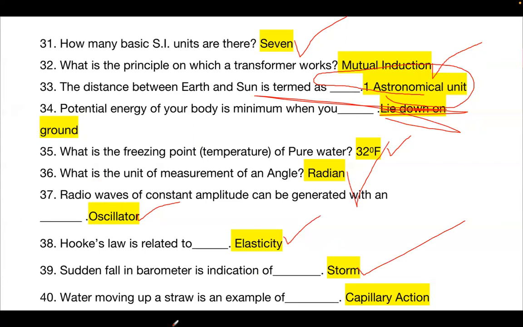So here, if a sudden fall in barometer is an indication of storm, then what does a sudden rise in barometer indicate? What indicates sudden rise in barometer? So sudden rise in barometer indicates flow of air.